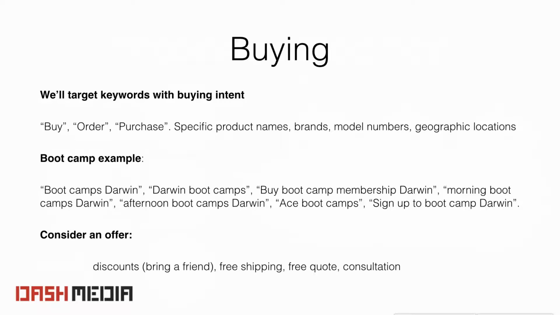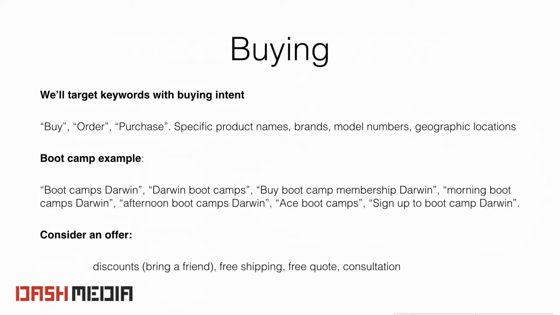So let's jump back to our bootcamp example, and let's take it a step further so that we can talk about geographic locations. Let's say that our bootcamp business is based in Darwin. I want to advertise my bootcamp programs to people who are looking for bootcamp programs in my geographic location, in this area that I service in my business, which is Darwin.